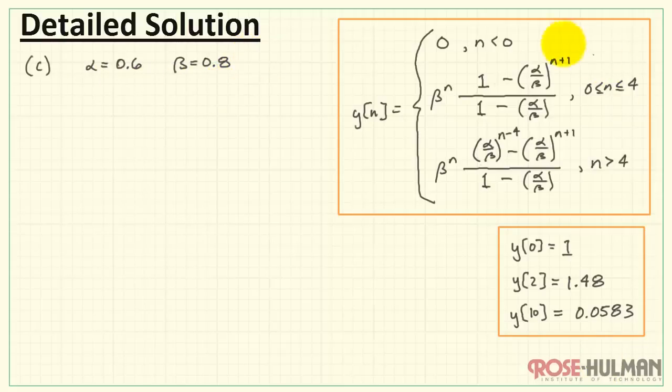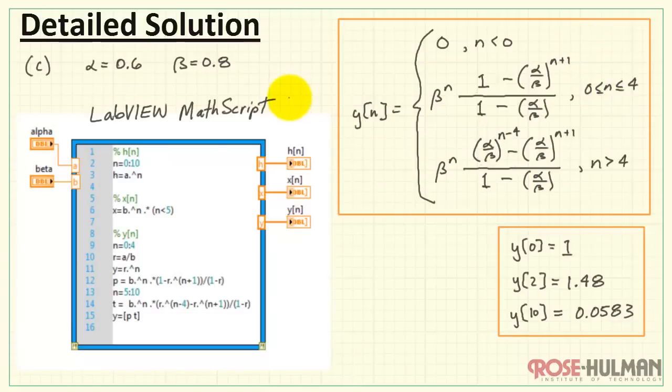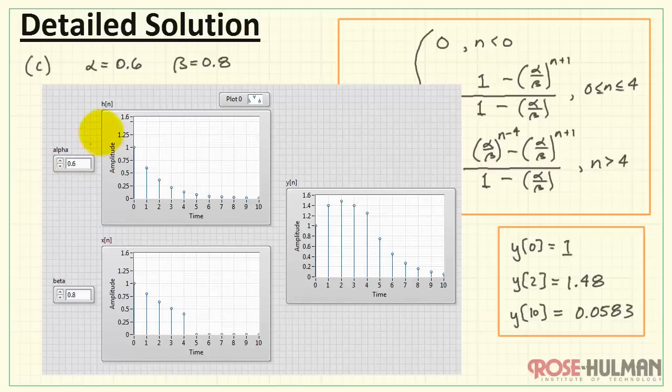Now in part C, we want to construct stem plots for the output, the input, and the impulse response. Here I have a LabVIEW math script that I've put together that uses alpha and beta as inputs, and then it calculates arrays for h, x, and y. The LabVIEW front panel looks like this.